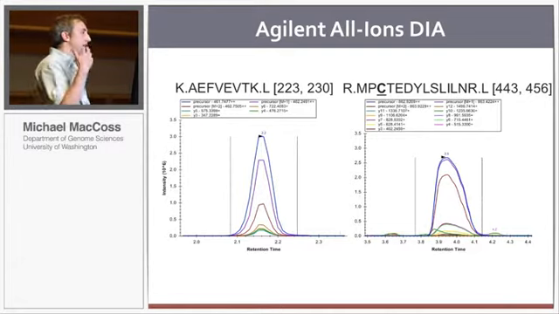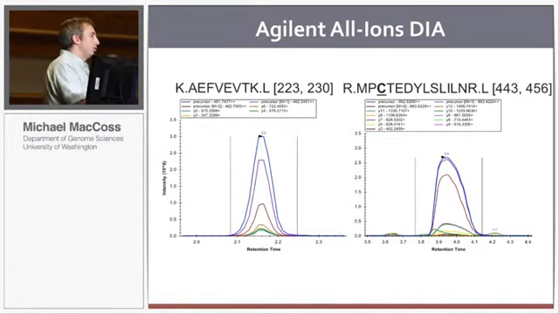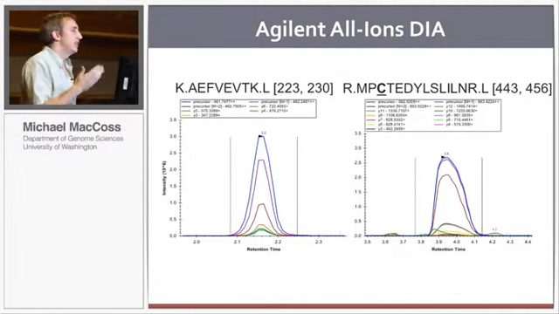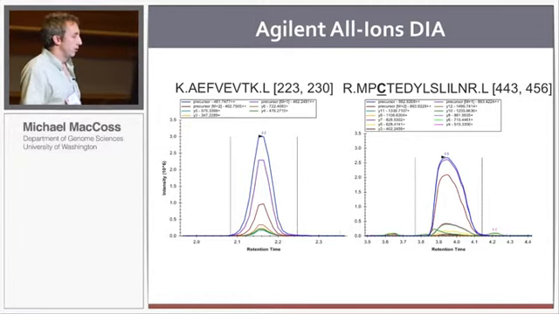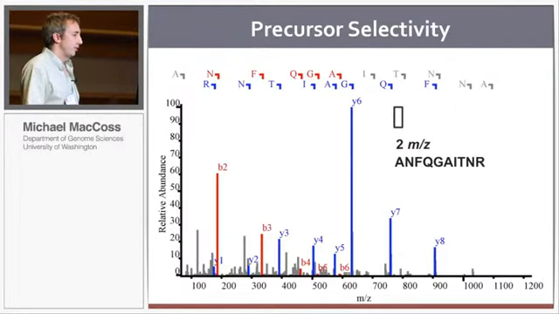You can just fragment all, do low and high energy, or you can do low energy and multiple different high energies. Skyline is smart enough to extract that data, and you can then plot, of course, your precursor ion chromatograms, which are the top three most intense chromatograms at the low energy, and the higher energy is showing the product ion chromatograms to provide structural confirmation. You're measuring what you think you're measuring.